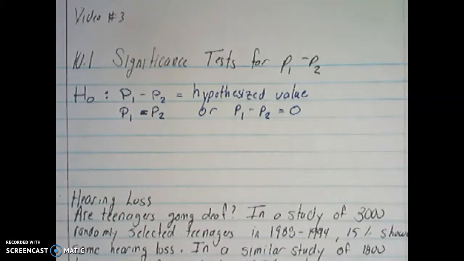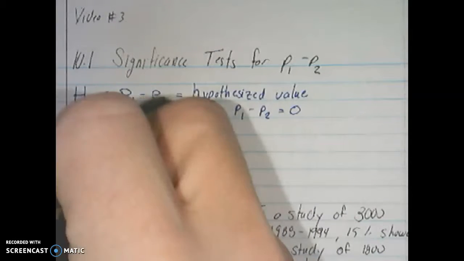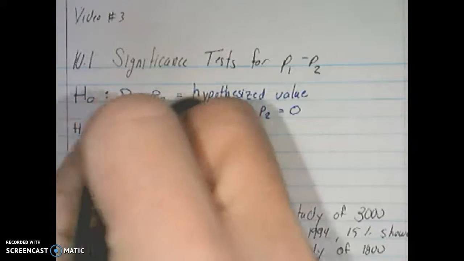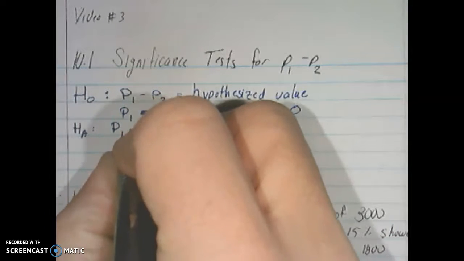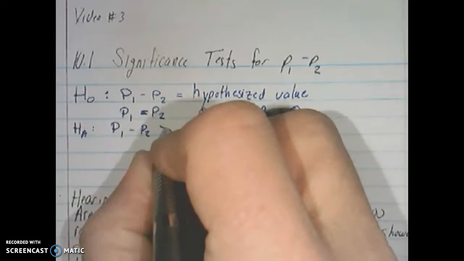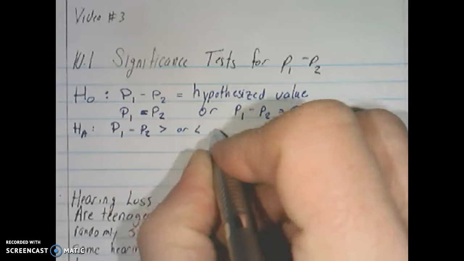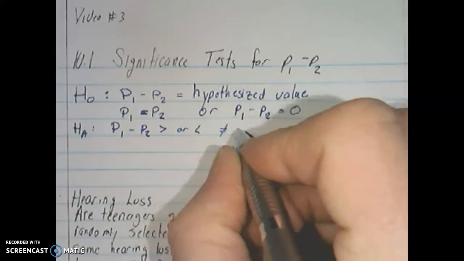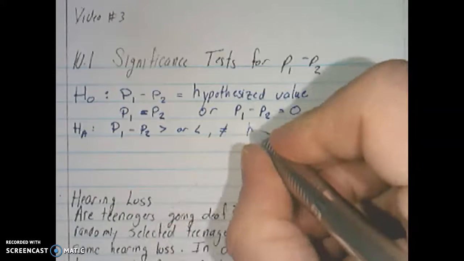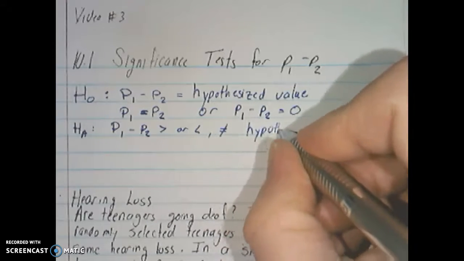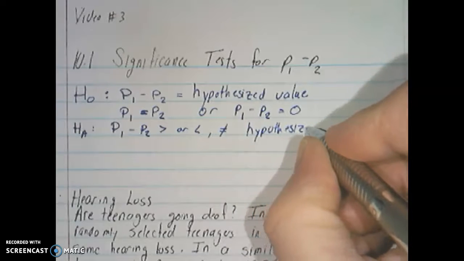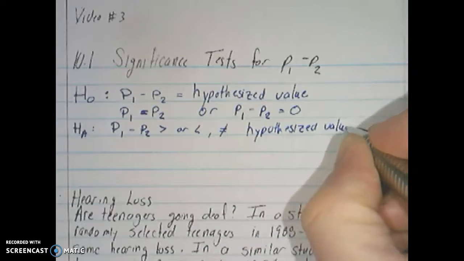Okay, so then our alternative hypothesis is obviously just going to be P1 minus P2 less than or greater than or not equal to the hypothesized value.